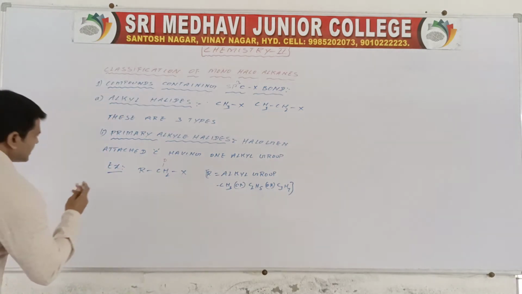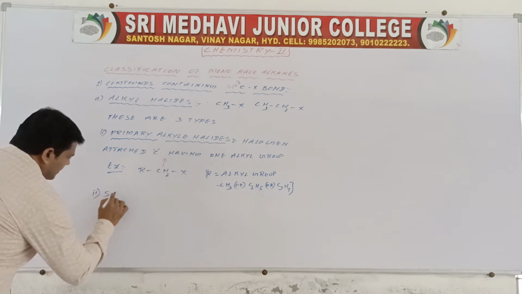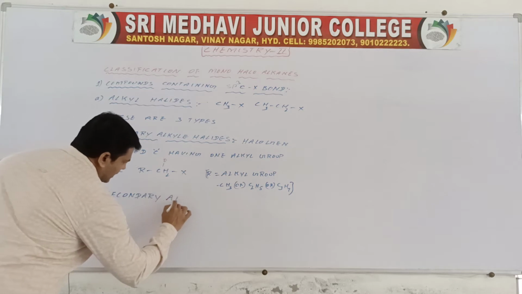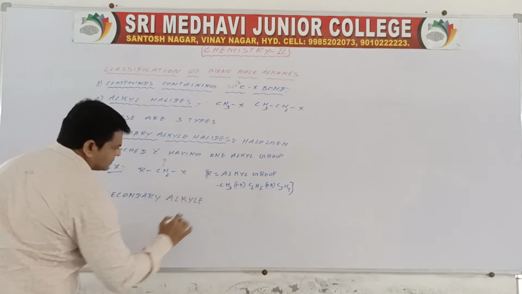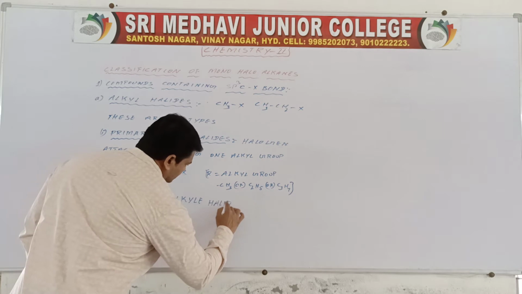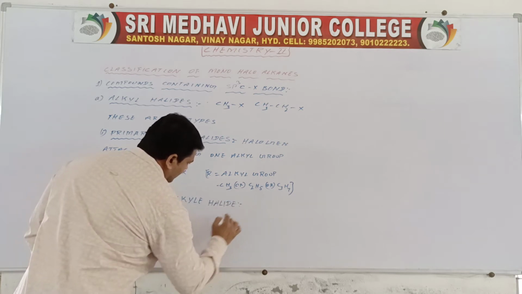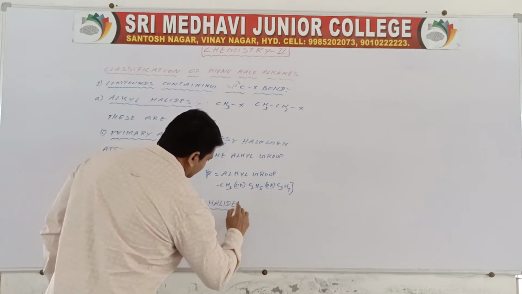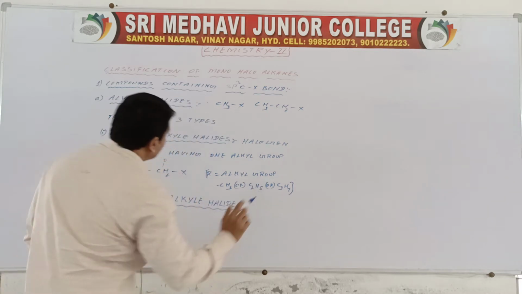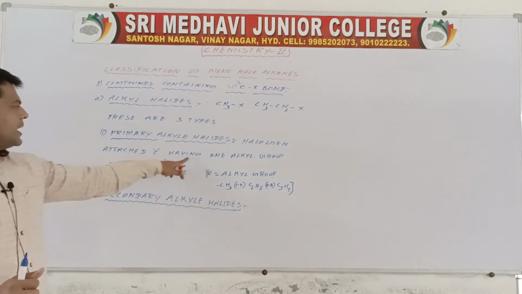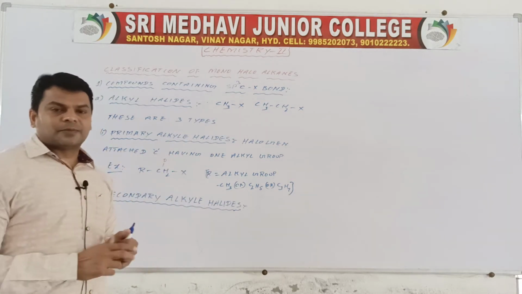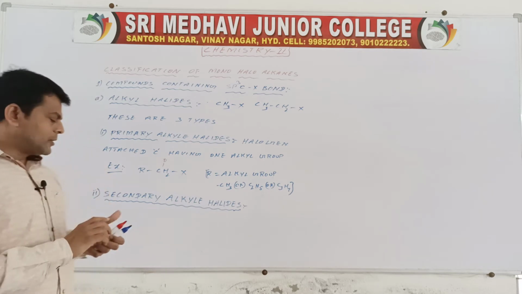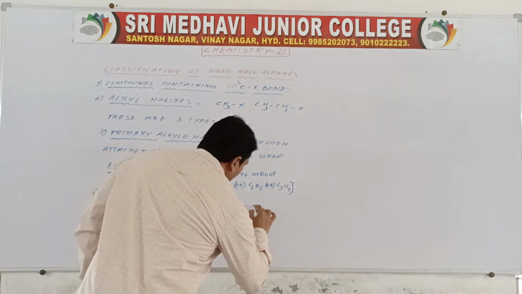Next, the second one is secondary alkyl halides. Secondary alkyl halides means the halogen-attached carbon having two alkyl groups.